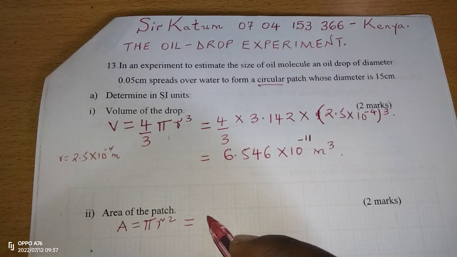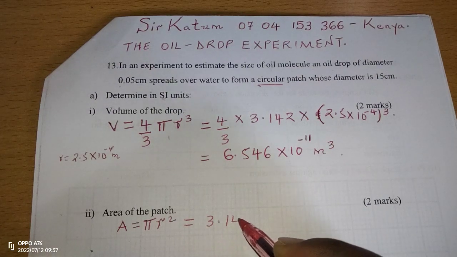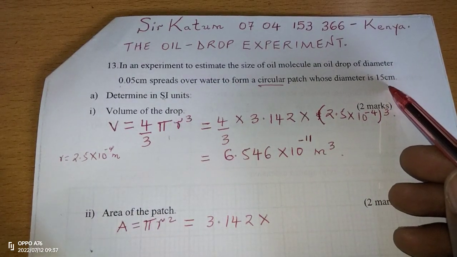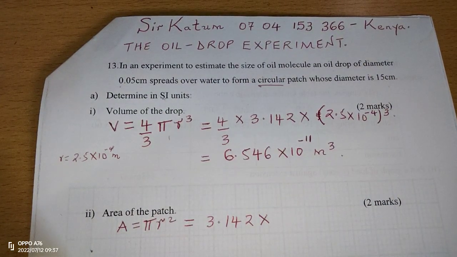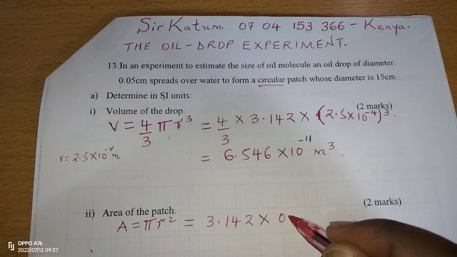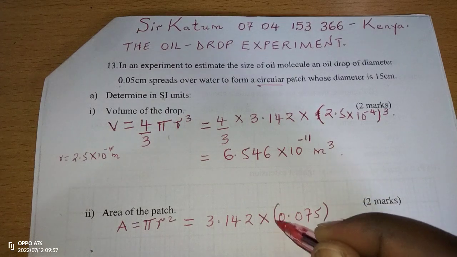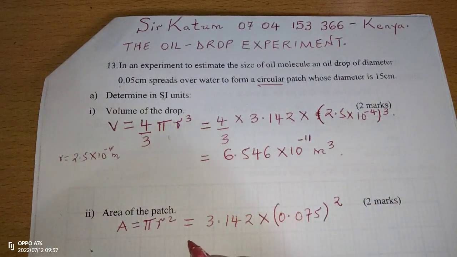Therefore, we use pi of 3.142 multiplied by, this is diameter, so we divide 15 by 2, 7.5 centimeters, and we further divide by 100 to make it SI units, which is 0.075, and we square.